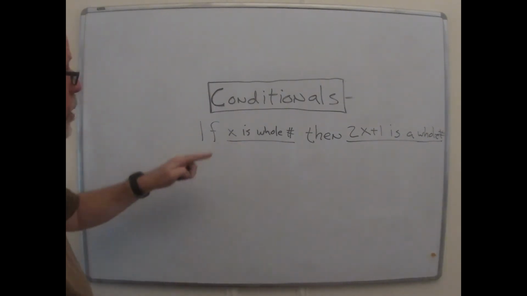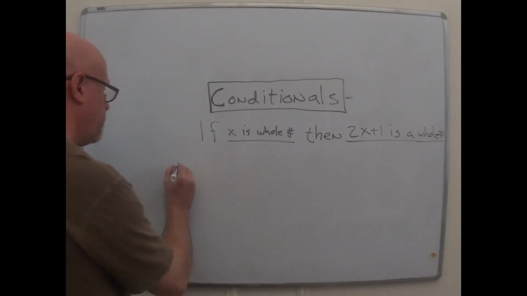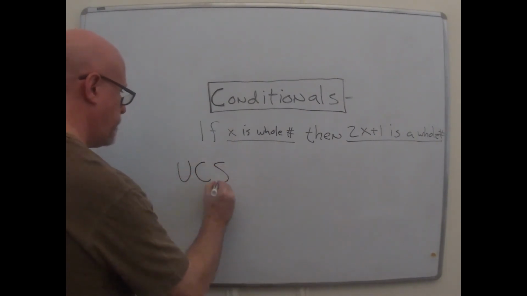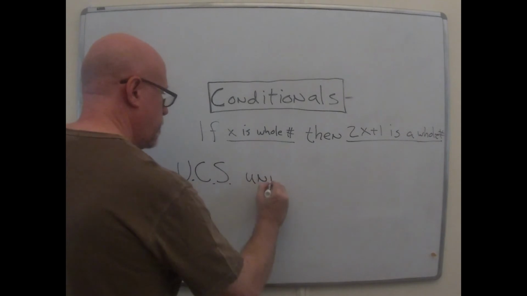And that makes what we just did a conditional sentence that's also universal. And there's a special name for that, a UCS. That means a universal conditional sentence.